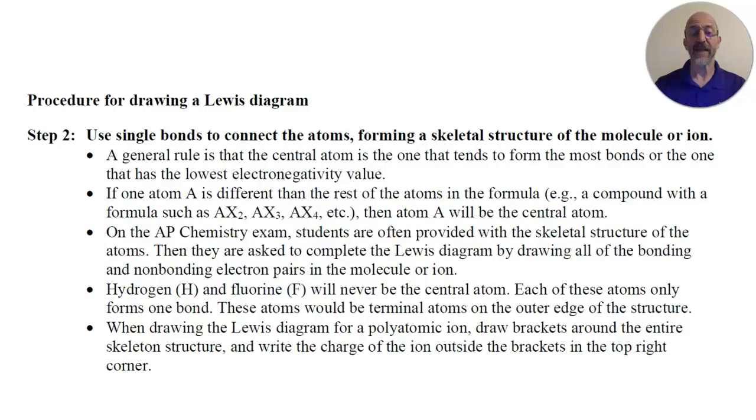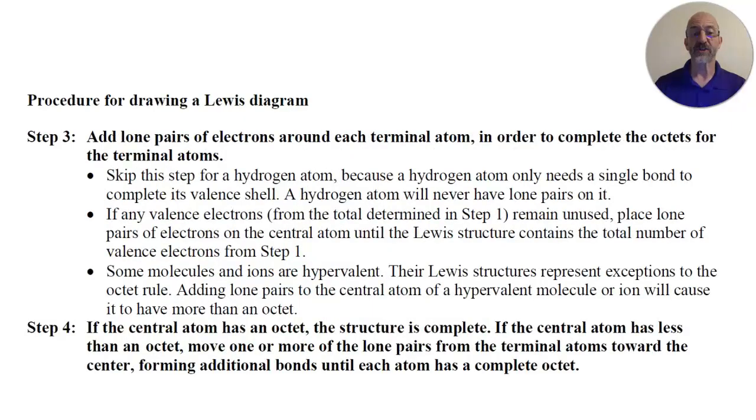Then I connect the atoms starting with single bonds. Eventually, I make sure that each atom has a complete octet, and then there are times that I need to move electrons to create double bonds or triple bonds. So again, you can watch my video for topic 2.5 to take a closer look at examples of drawing Lewis diagrams. Now let's move on to the practice for topic 2.5.